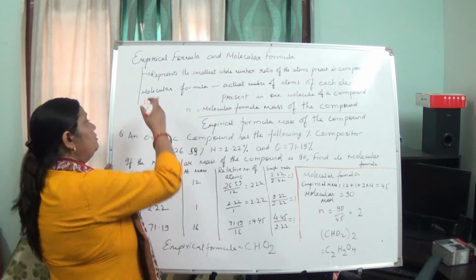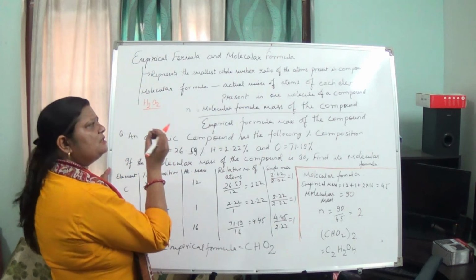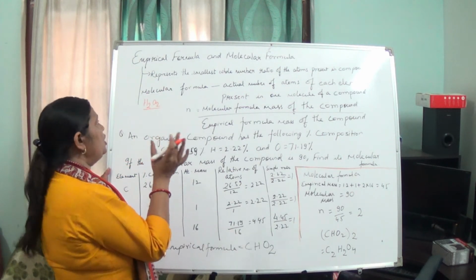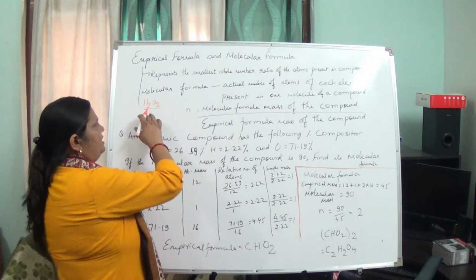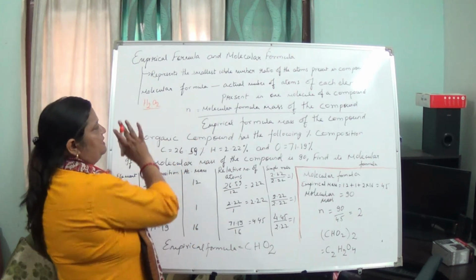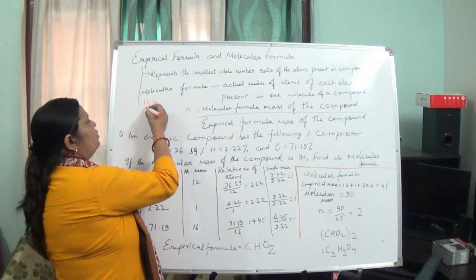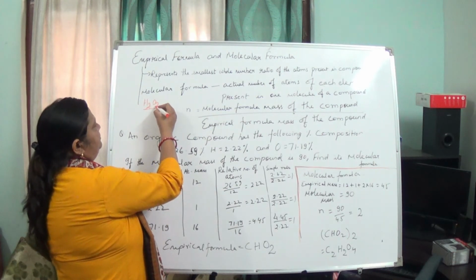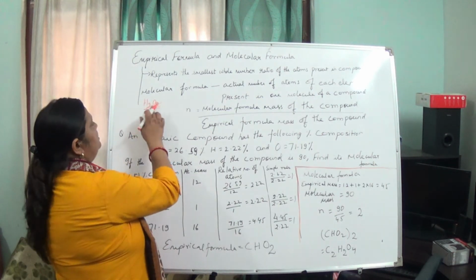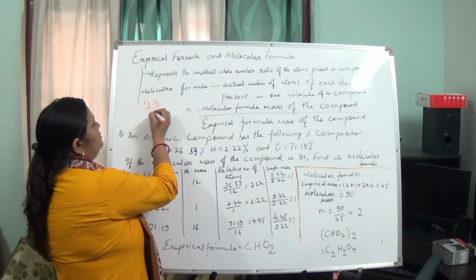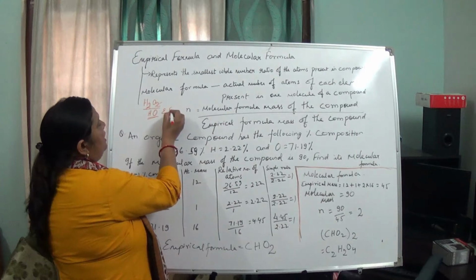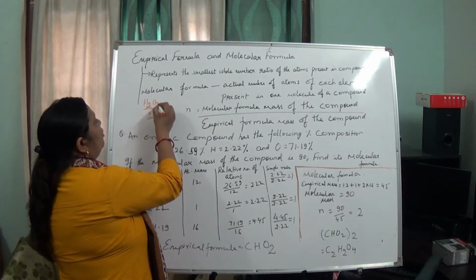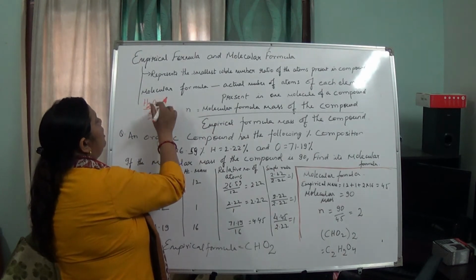But if we want to write the empirical formula, this is the smallest whole number ratio of atoms. So we have to see only the smallest whole number ratio of the atoms of the elements present in the compound. So the smallest whole number ratio will be what? If you do this, 2 will be cancelled. Okay, it is what? HO. So HO is the empirical formula, while H2O2 is the molecular formula.